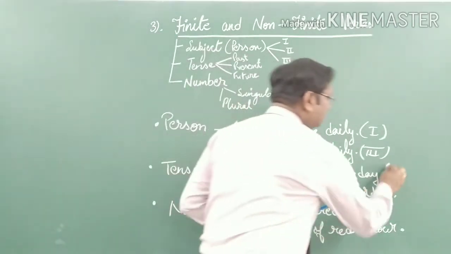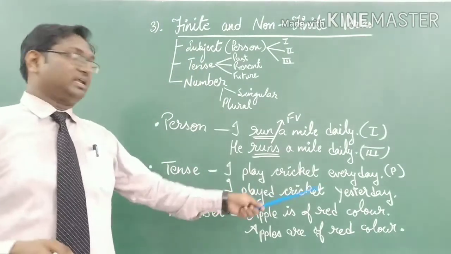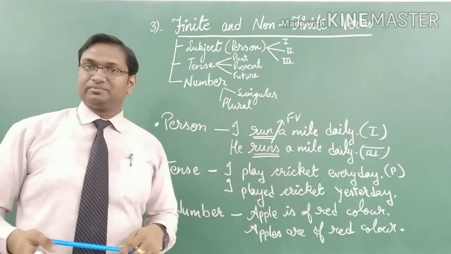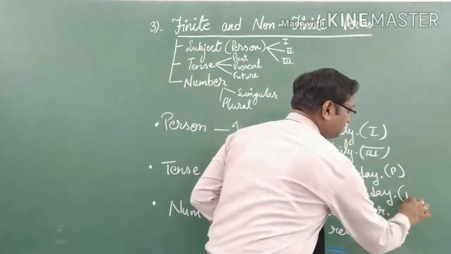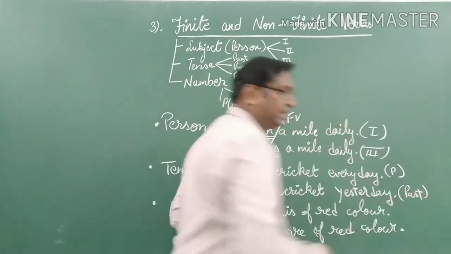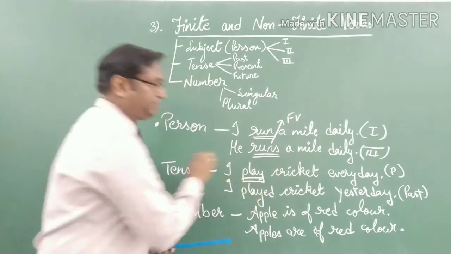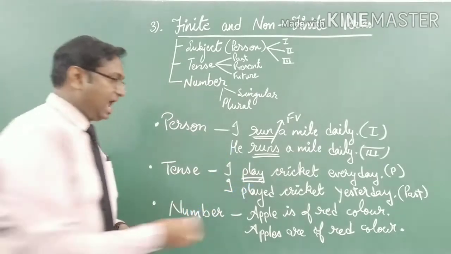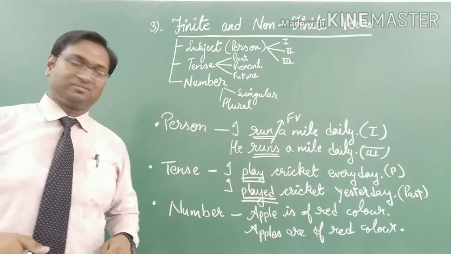This is your present time. I played cricket yesterday. It means we are talking about past time. So, according to the tenses, for present we use play and for past we use played.